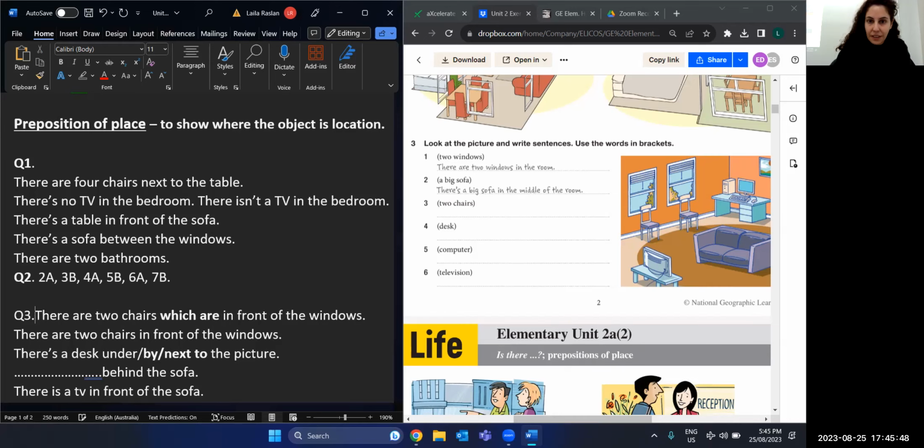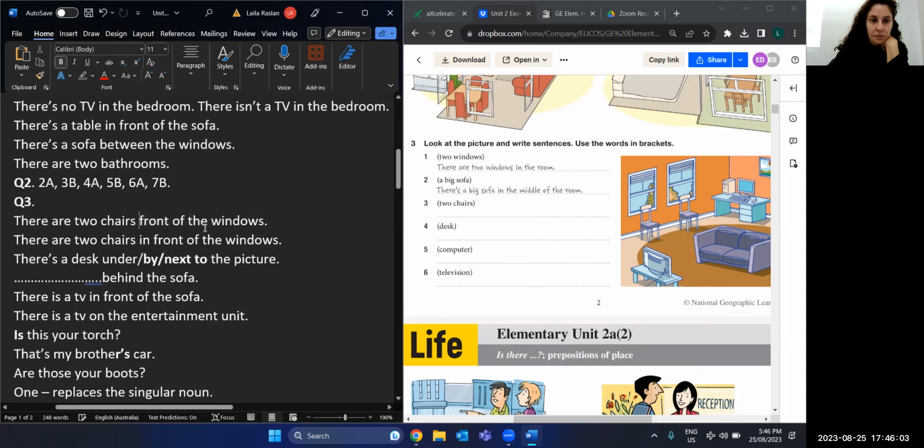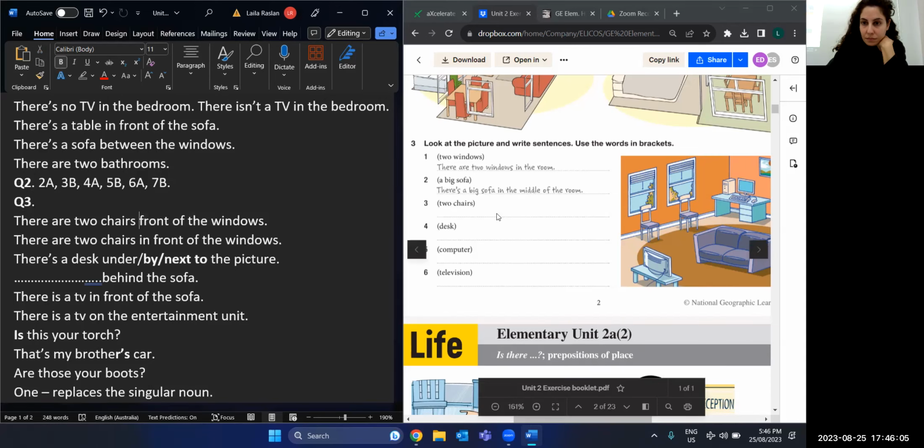Number 3, there are 2 chairs in front of the window. Number 4, there's a desk to the left of the room.